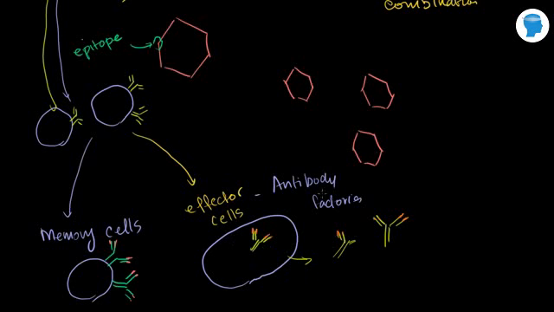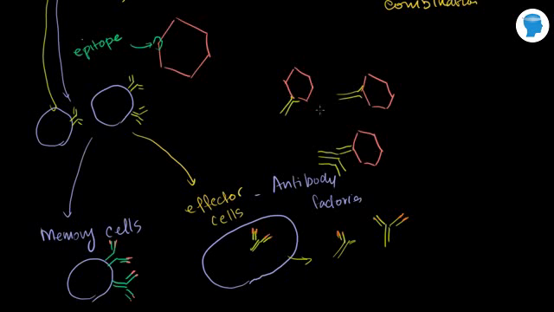And so these specific antibodies will start bonding to these viruses. Let me draw it like this. I'll just draw them like that. I don't want to spend too much time drawing them.